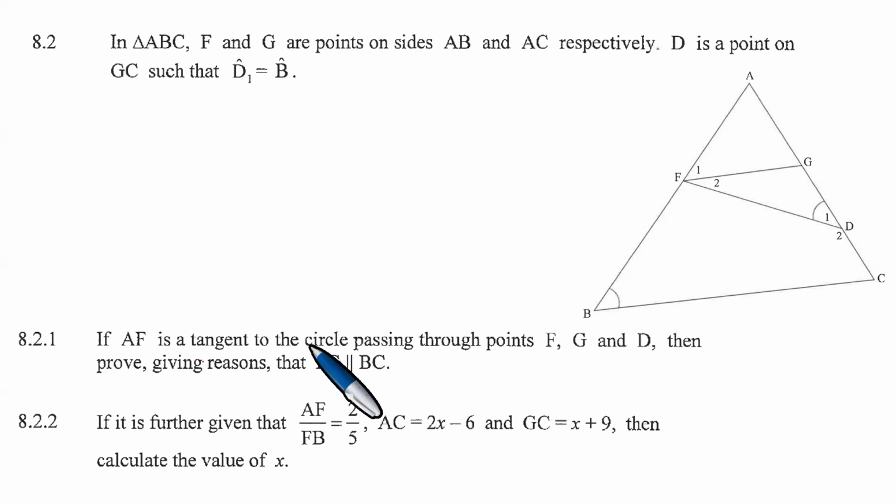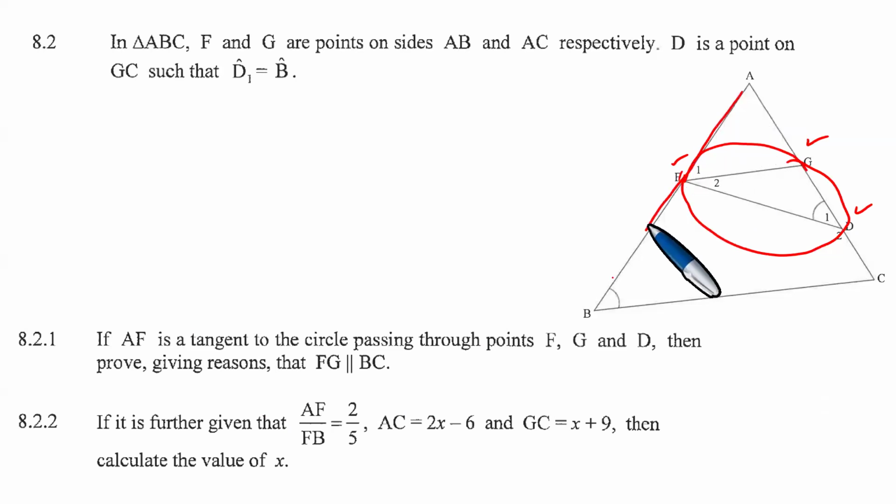Right, so we are told that AF is a tangent to the circle that passes through F, G, and D. The circle is going to be like this, through F, G, and also D. It looks like that, and this AF is a tangent.